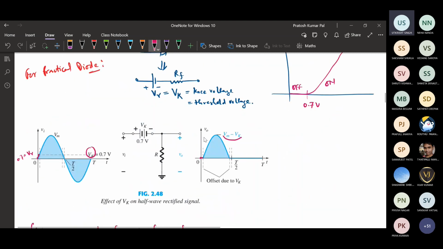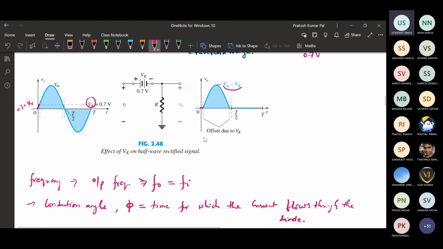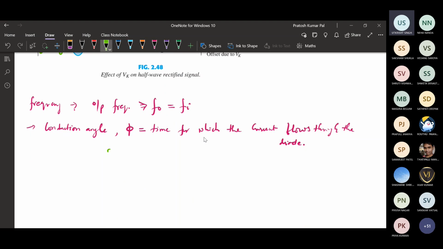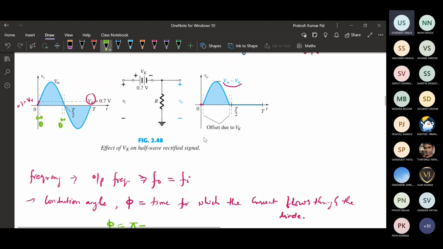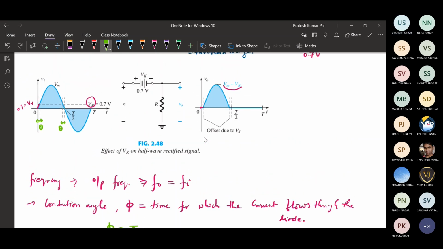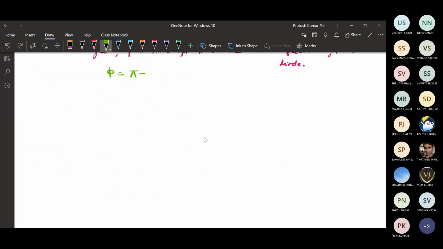Similarly, in the case of a practical diode, there is a gap. Suppose this gap is theta. The conduction angle, for the time the diode will be conducting, will be phi equals pi minus theta. There will be one theta from here and one theta from there, so 2 theta will be lost, and the conduction angle will be pi minus 2 theta, less than pi.